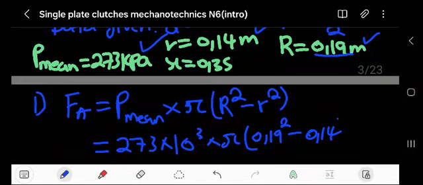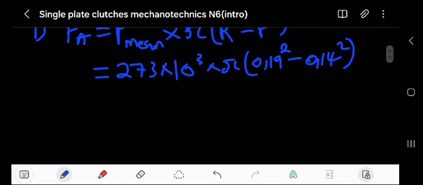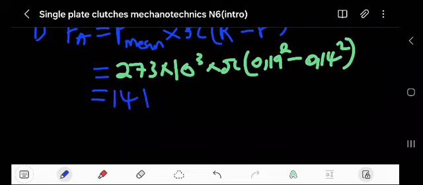We square this, then punch this on your calculator. If you punch, accuracy will be 14151.304 Newton.